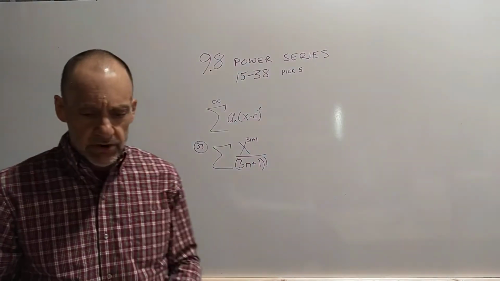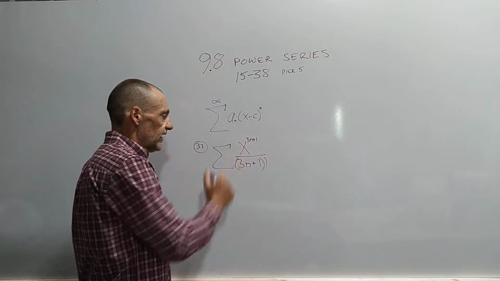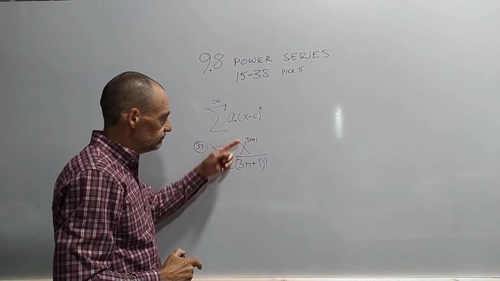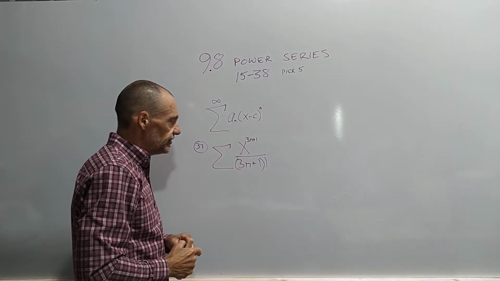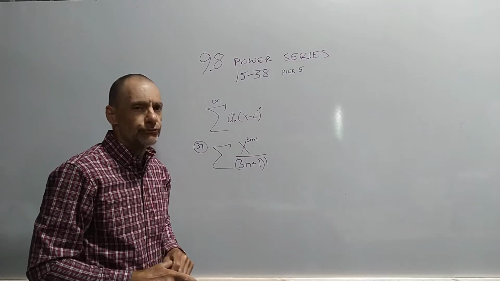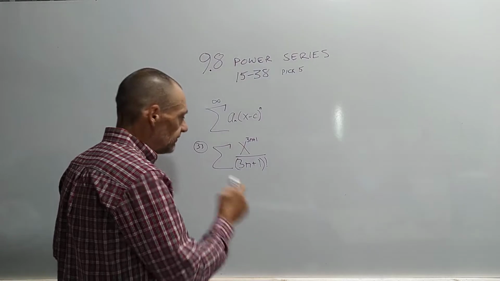What we want to know is for what values of x is this thing going to converge. Now, just the basic structure tells me that I should probably use the ratio test. You can use any of the tests that we have, but I'm going to use the ratio test.